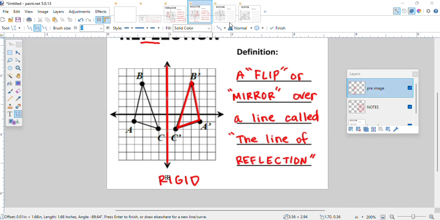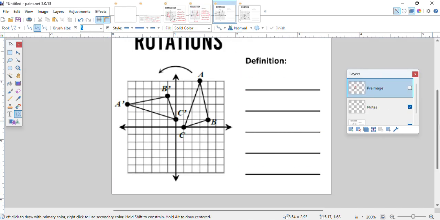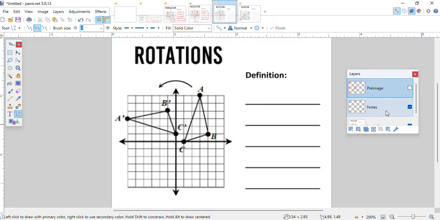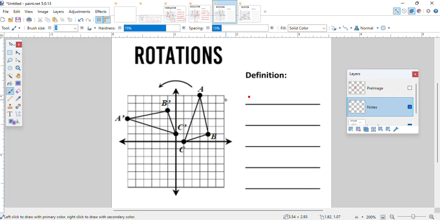Then we move on to rotations. Rotations are a little different. Rotations are a turn. They are just a turn around a fixed point.